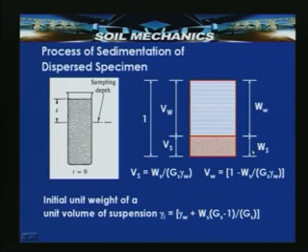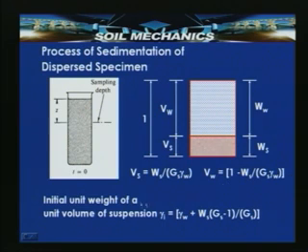The volume of solids can be written as Vs is equal to Ws by Gs gamma W, and the volume of water is equal to 1 minus Vs, that is, Vw is equal to 1 minus Ws by Gs gamma W, where Gs is the specific gravity of the soil under consideration.